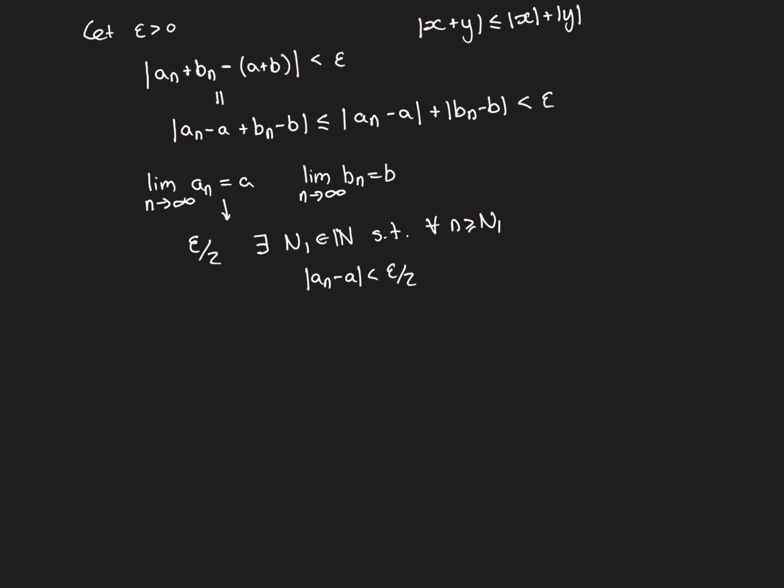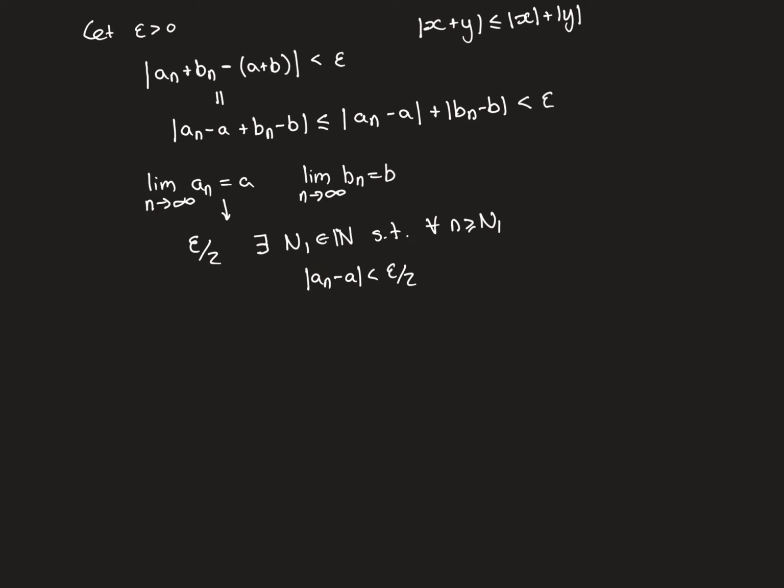So all I'm saying is that there will be a point in this sequence, we'll call that the big N1 term, such that for that term and for all the terms afterwards, the difference between the terms and the limit is less than this number epsilon over 2, because this is some number greater than 0, so by the definition of the limit, I can do this.